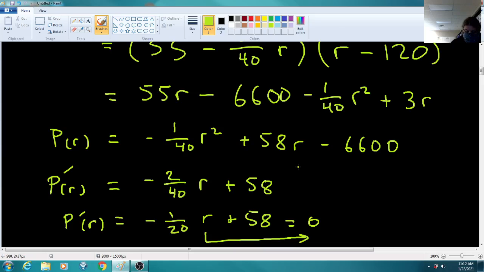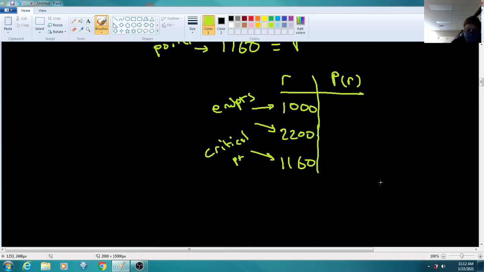So I'm going to use the negative 1/40th r squared plus 58r minus 6600. I'm going to use this equation right here for my profit. And then I'm going to plug the different rents in and see what profit they yield. So at $1,000, you get $2,640 in profit.